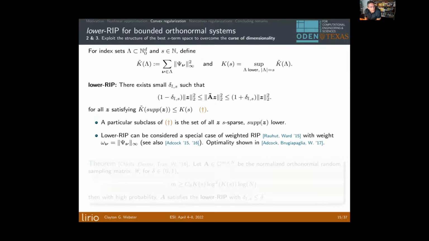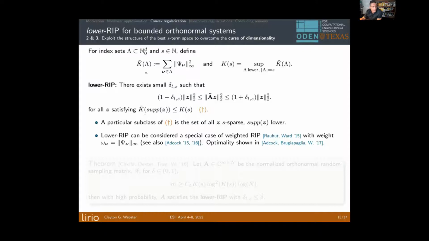Okay, so to focus on the best S-term approximation in a lower set, we modified the definition of the RIP to include something which we call the lower RIP, which looks very much like the standard RIP estimate, except we want this to be true for all Z sparse vectors that satisfy the following constraint.